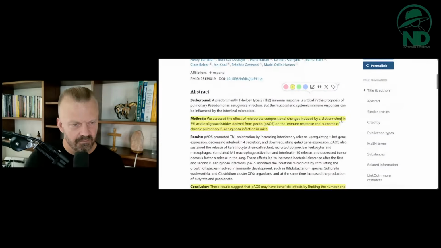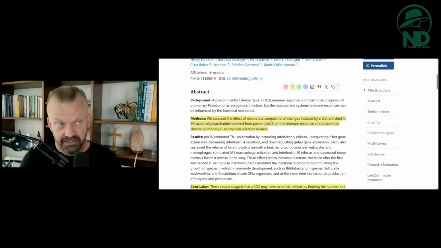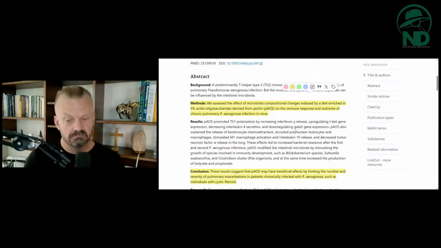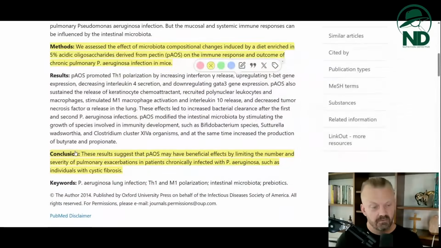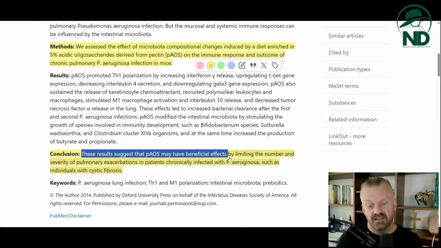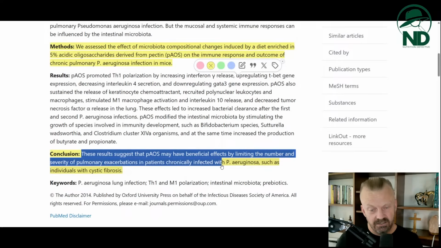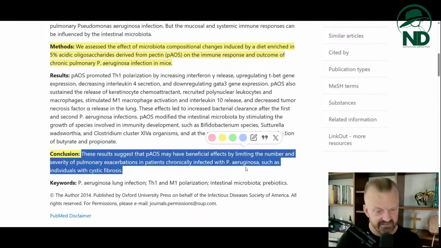I don't think I hid a pectin. It fed their gut and it bound to, I don't know, toxins like nickel. The results suggest that pectin basically may have beneficial effects by limiting the number and severity of pulmonary exacerbations in patients chronically infected with Pseudomonas aeruginosa, such as individuals with cystic fibrosis.